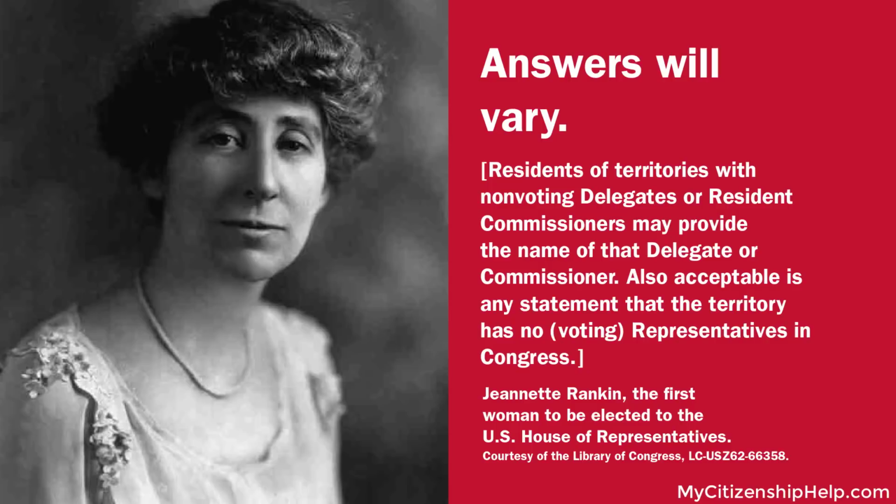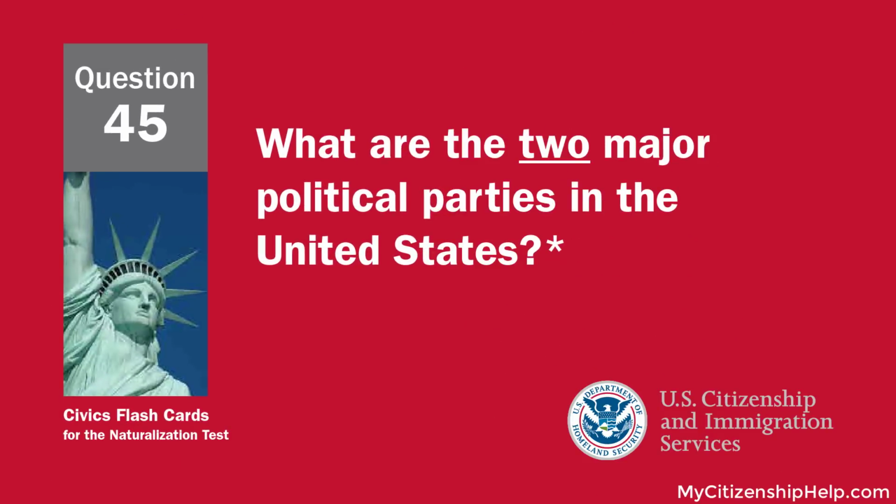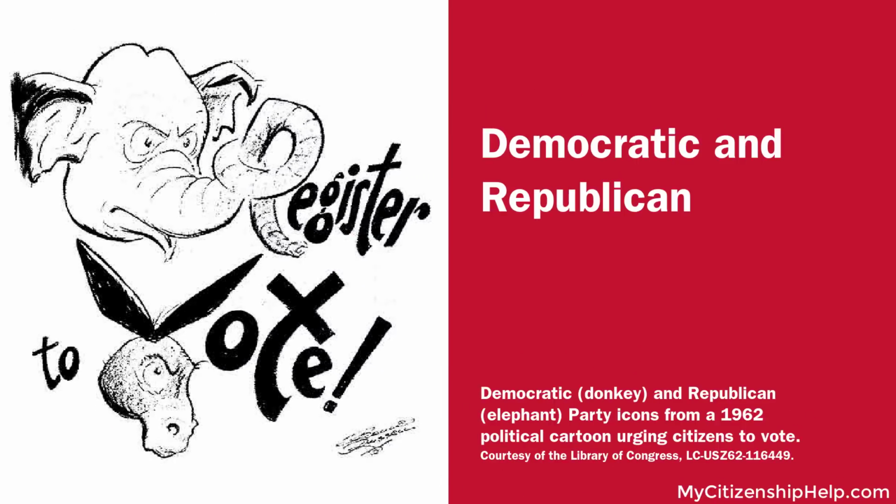Residents of territories with non-voting delegates or resident commissioners may provide the name of that delegate or commissioner. Also acceptable is any statement that the territory has no voting representatives in Congress. What are the two major political parties in the United States? Democratic and Republican.